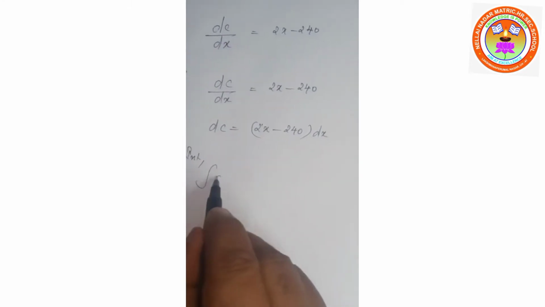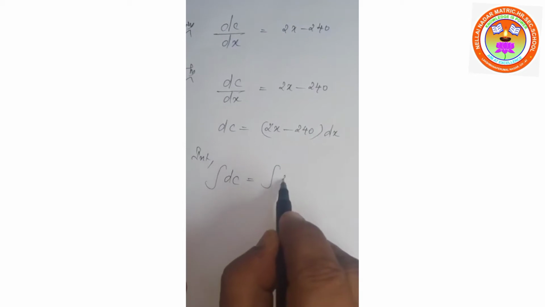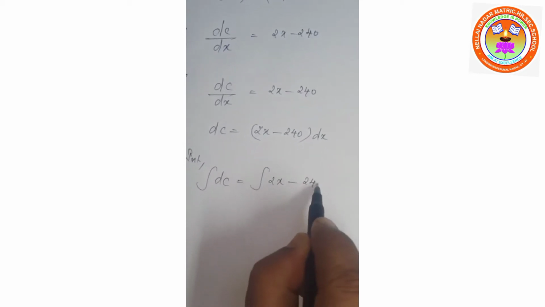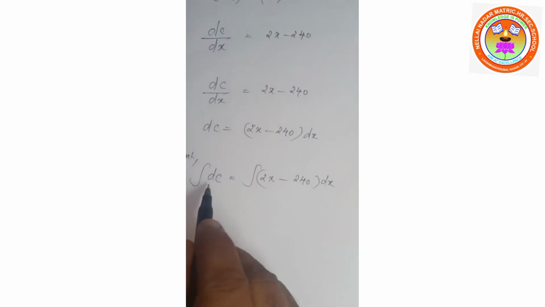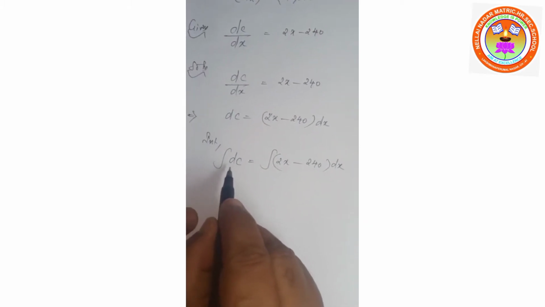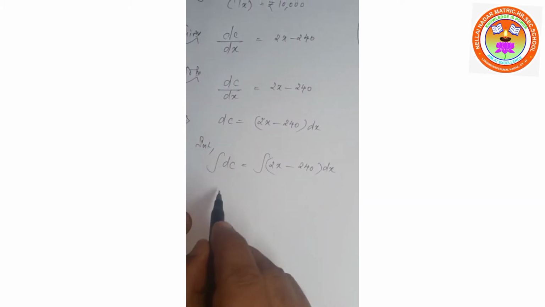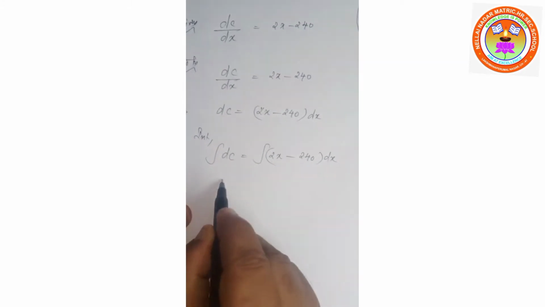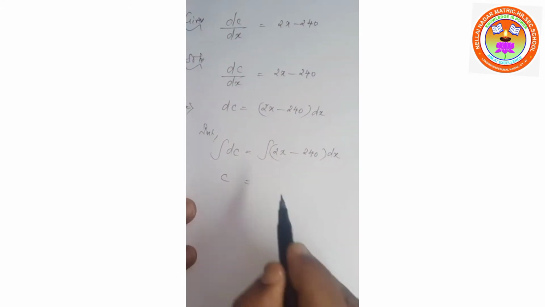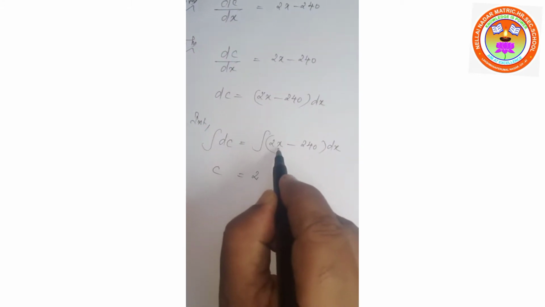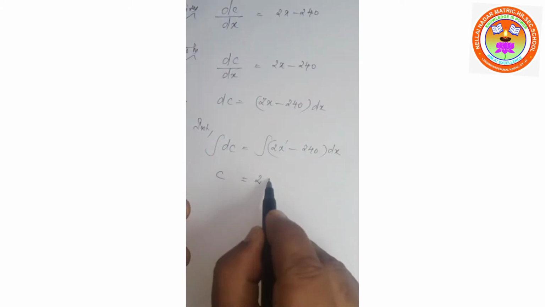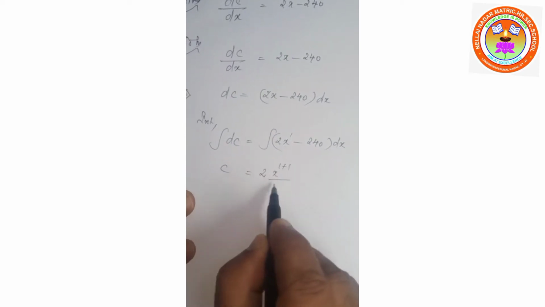Integrating on both sides, integral dC equals integral of 2x minus 240 dx. Integration of dx is x, integration of dC is C. Write the constant 2 as it is. Integration of x power 1 is x power 1 plus 1 divided by 1 plus 1.